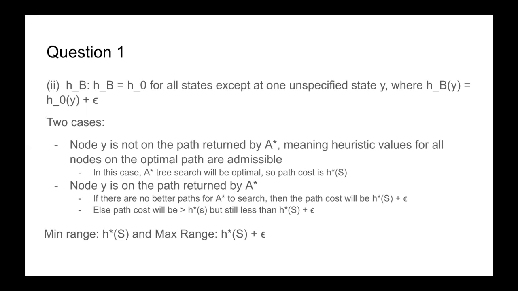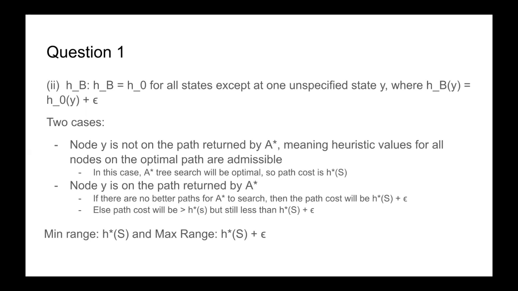The other case is when Y is actually on the path that's returned by A star. This happens when there are no better paths for A star to search because Y influences the optimal path. That would originally be the path returned by H naught if that epsilon wasn't added to that particular state.